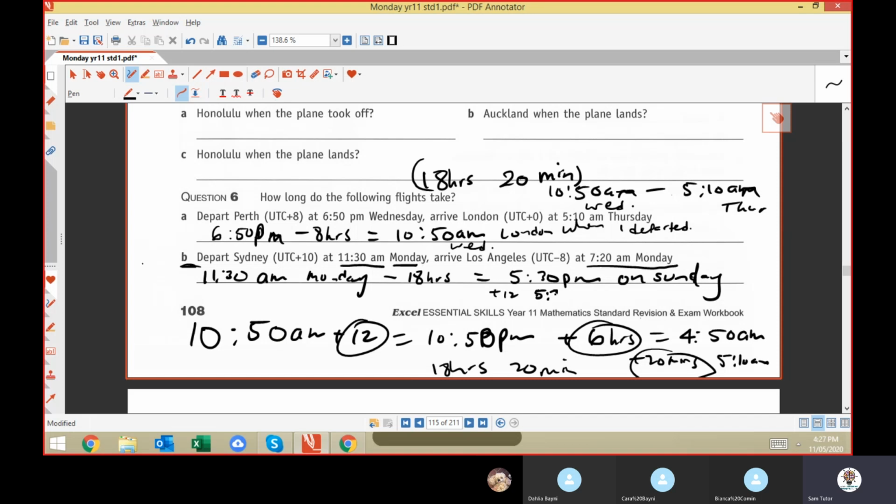That gets you 5:30 a.m. Add another 1. That gets you 6:30. Add another 50 minutes and we'll get you 7:20. Right? Because you can't add 2 hours because that gets you past 7:20. So it's going to be plus 1 hour and 50 minutes. So altogether, it's 13 hours and 50 minutes.